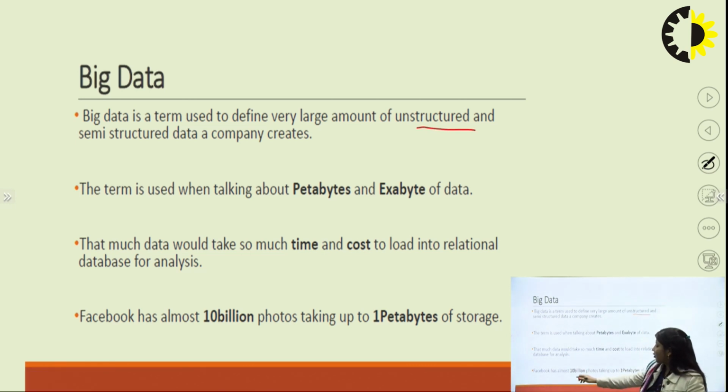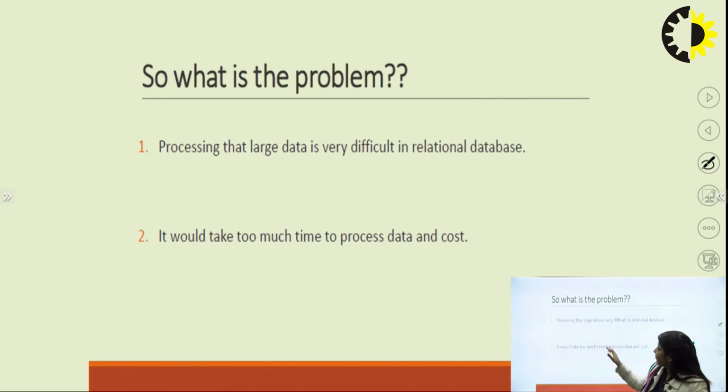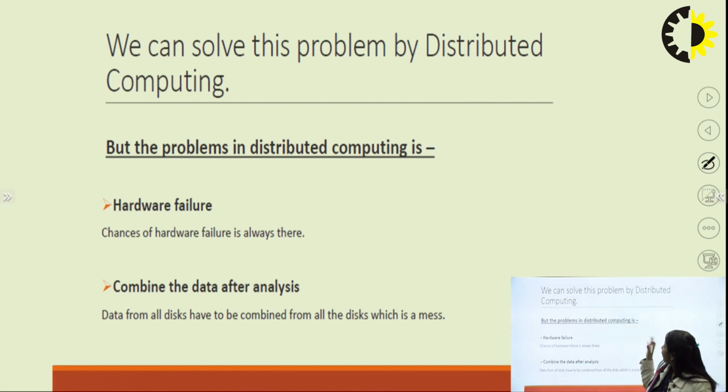Facebook has almost 10 billion photos, taking up to 1 petabyte of storage. So this is a cumbersome problem. So what is the problem? Processing large data is very difficult in a relational database, and it would take much time and cost to process the data. So we can solve this problem with the help of distributed computing. But the problem is in distributed computing.